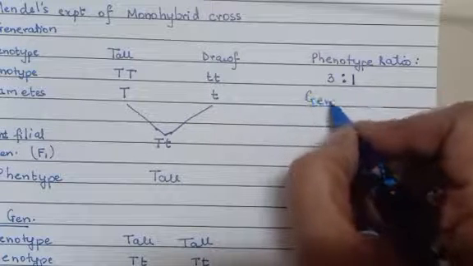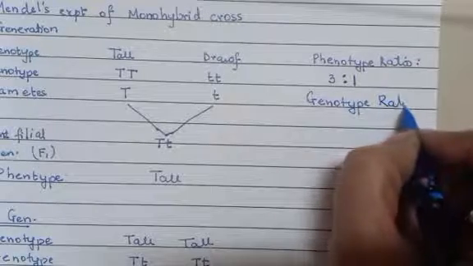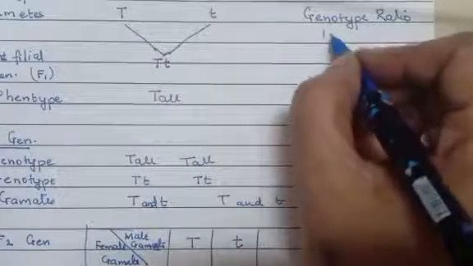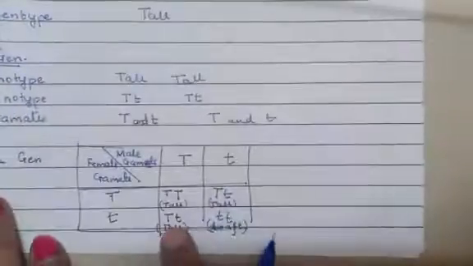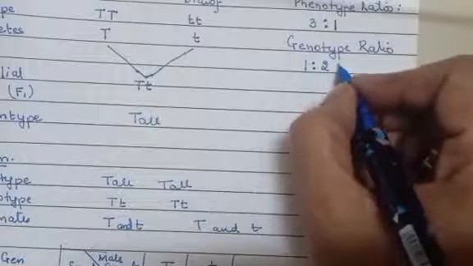Now genotype. Genotype ratio. Let us go back to our table. One plant here has a different set of genes. So when I am writing the ratio, I will write 1:2. These two plants have the same set of genes. Capital T, small t, capital T. So the second ratio.